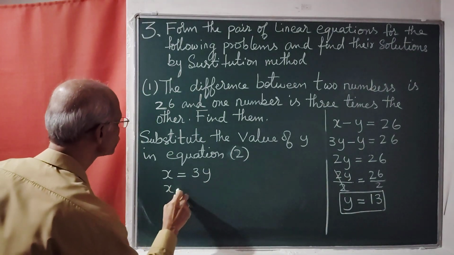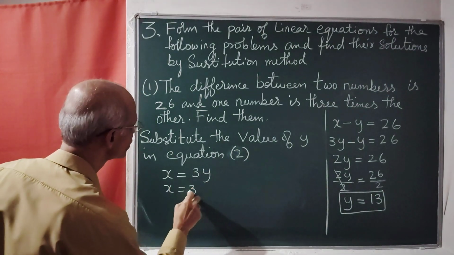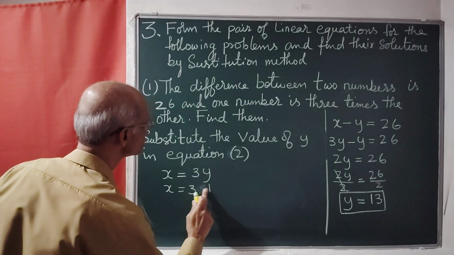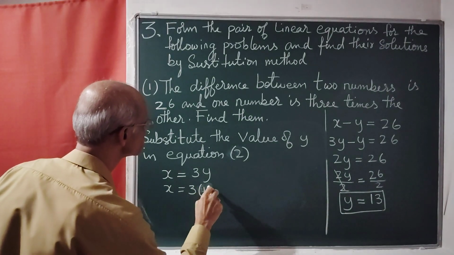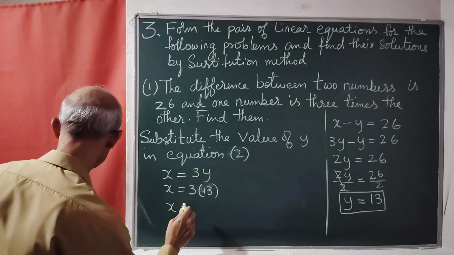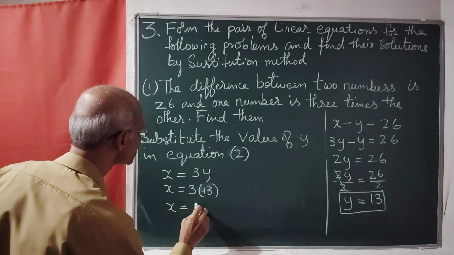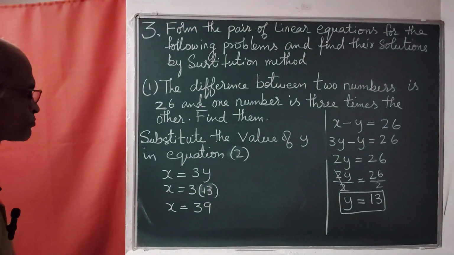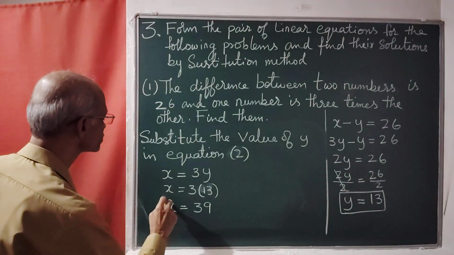So x will be equal to 3 into 13. x will be equal to 39.